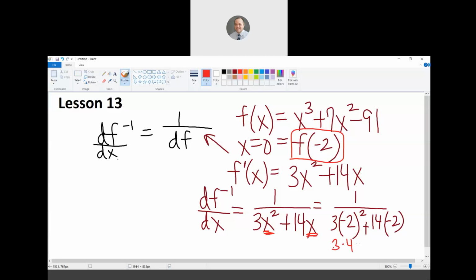And when we do all of the calculations, our final value of our derivative's inverse is 1 over negative 16. So that's all you have to do when you're asked to find the derivative of an inverse function, and you just take it one step further if you have to find the value of a derivative inverse.